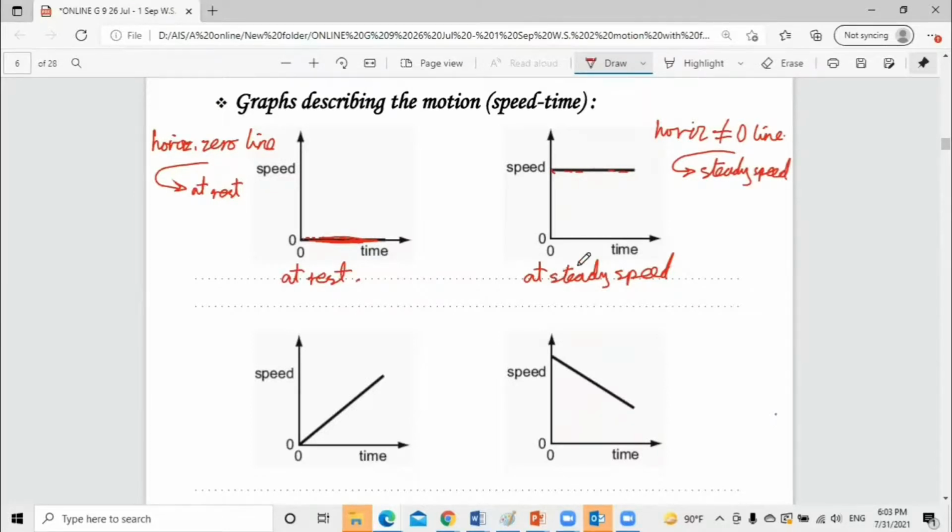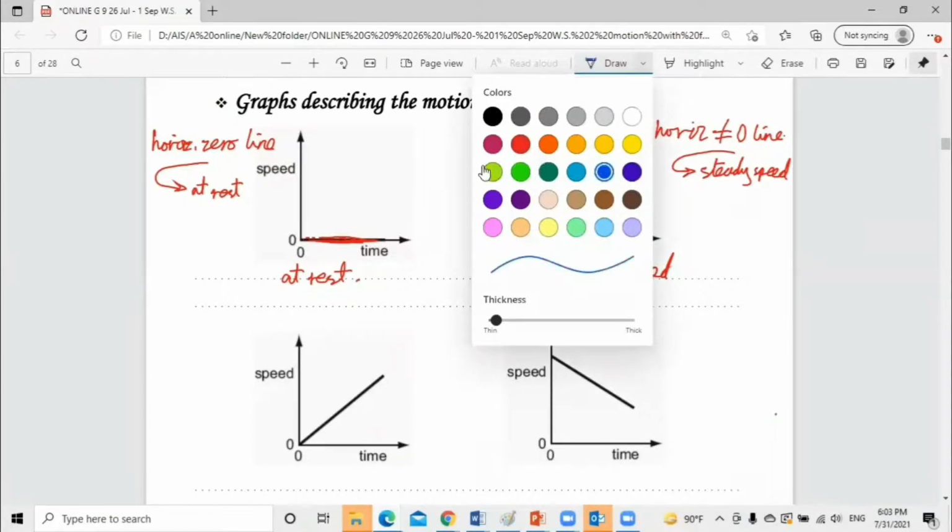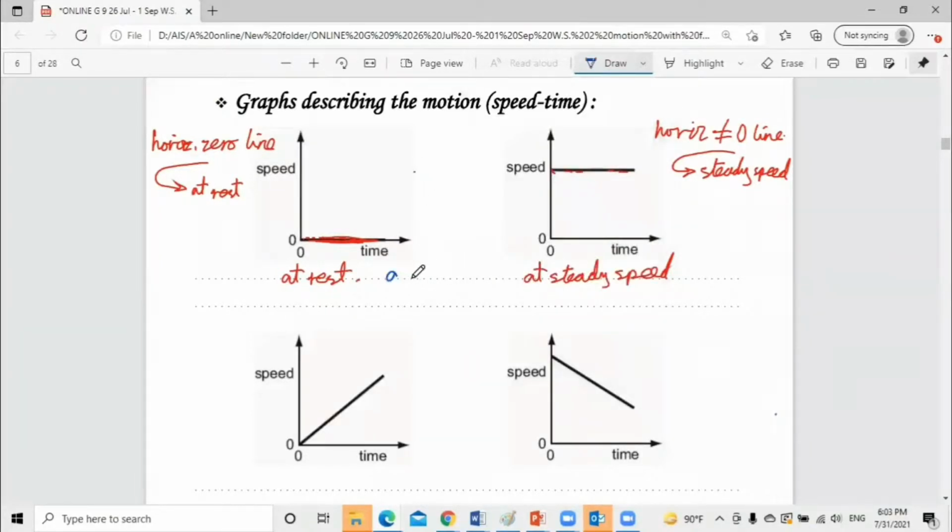Okay, I said it here before and I'll repeat it here, because these two are horizontal lines, the acceleration here equals 0, and the acceleration here is equal to 0 also, right? Now what about the distance? The distance here equals how much? 0, because it's at rest, it didn't move. And here, how much does the distance equal? We know that speed equals distance over time.